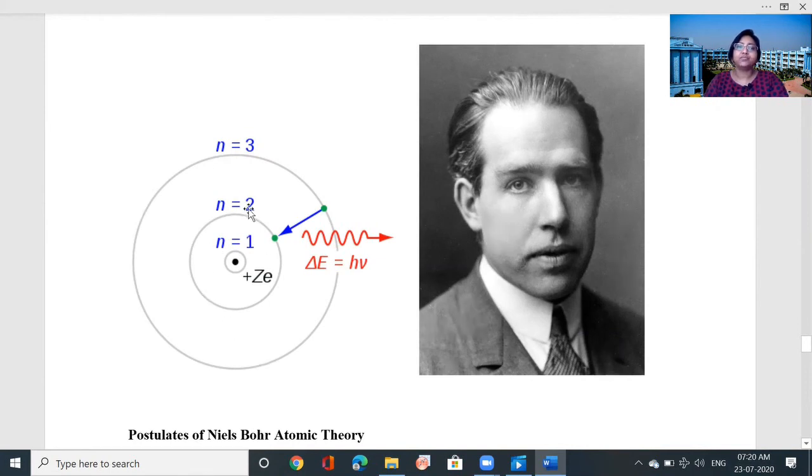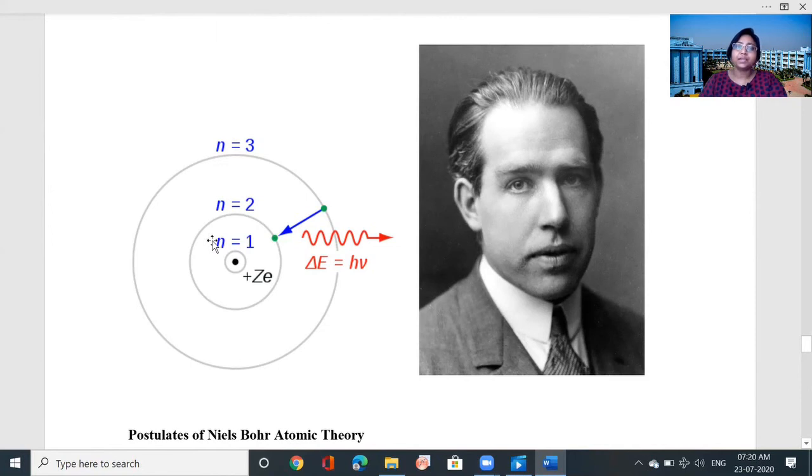Here are the different orbits, n is equal to 1, 2, 3, and so on, and each orbit has a definite energy level, and when an electron moves through this orbit, it contains the same energy level.